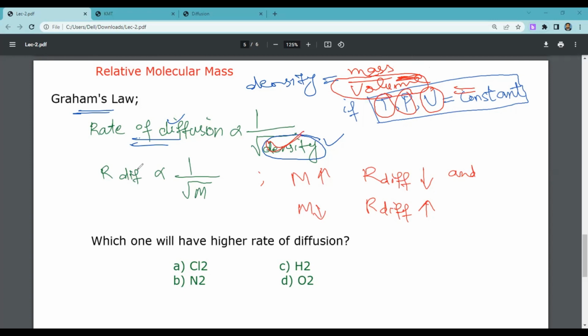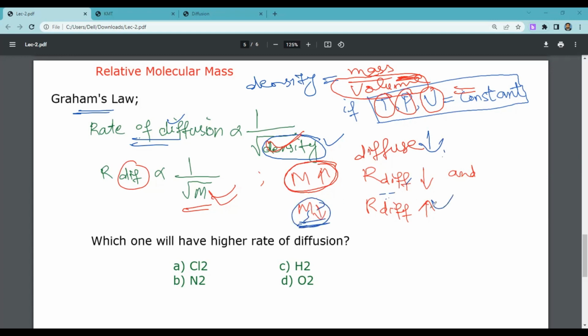Then the rate of diffusion will be inversely proportional to the square root of molecular mass. It means that if a particle has greater molecular mass, it will diffuse later, and if a molecule has low molecular mass, it will diffuse earlier.